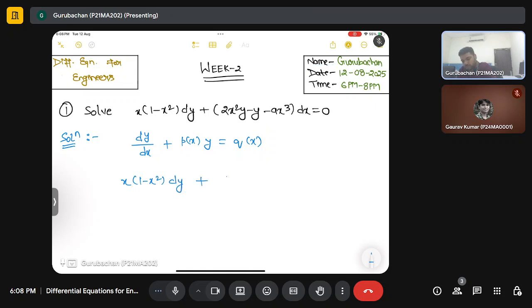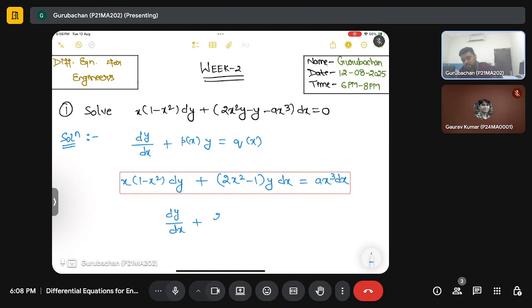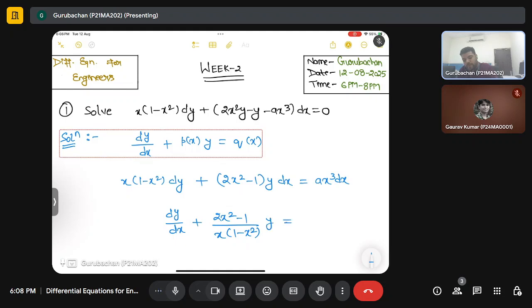If you observe, you may write this as dy/dx, and the factor on the right side will be like this. So this will give you (2x^2 - 1) divided by x^3.